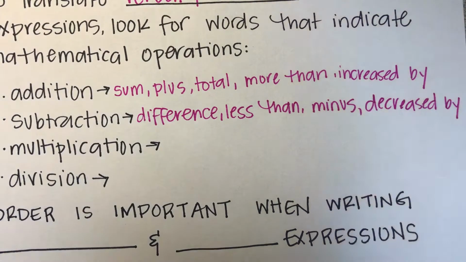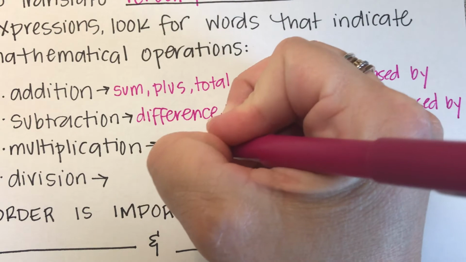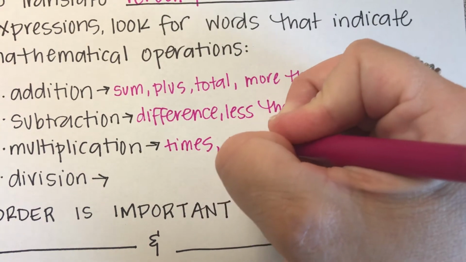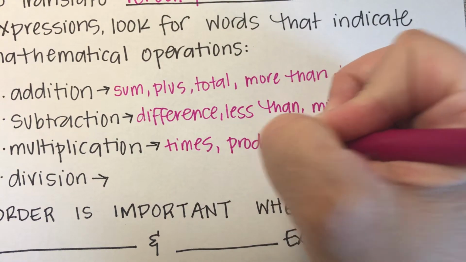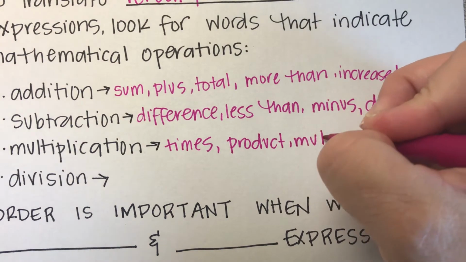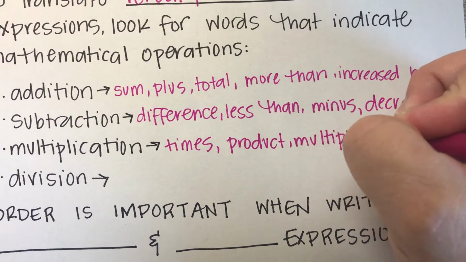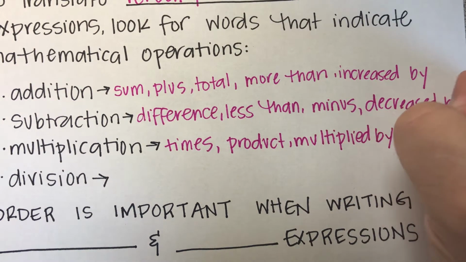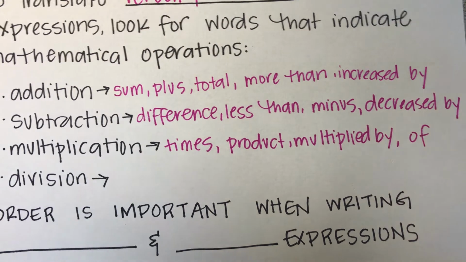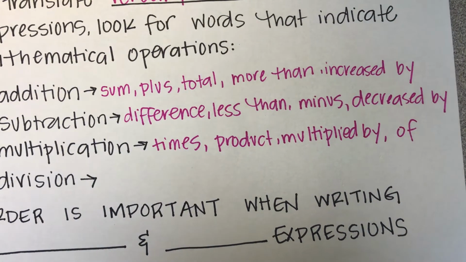And then for multiplication, it could say times. It could have product or even multiplied by. And last of, right? Like what's 1/2 of 10? Of suggests multiplication.